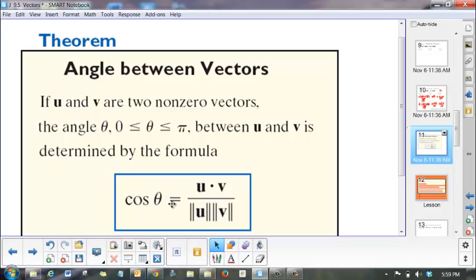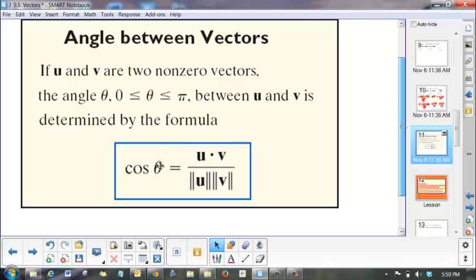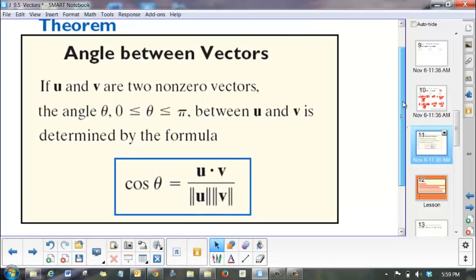Cosine of theta is equal to the dot product, u dot v, and then in the denominator the magnitude of u times the magnitude of v. So we multiply the two magnitudes together, and we have the dot product in the top, and if we solve for theta, that will give us the angle between the vectors.